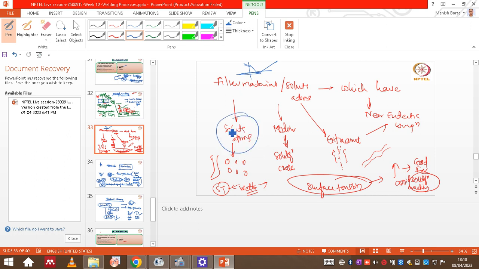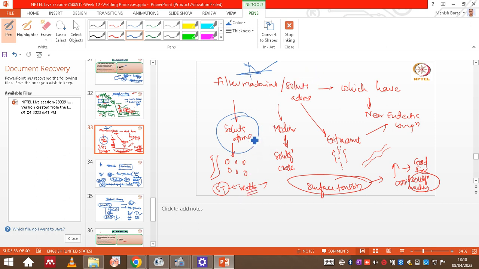So certain solute elements can be added to the system to avoid the formation of continuous liquid film. That means if we add very little solute element, then the continuous liquid film won't be there. Only small discontinuous packets of liquid will be there at the interdendritic region.